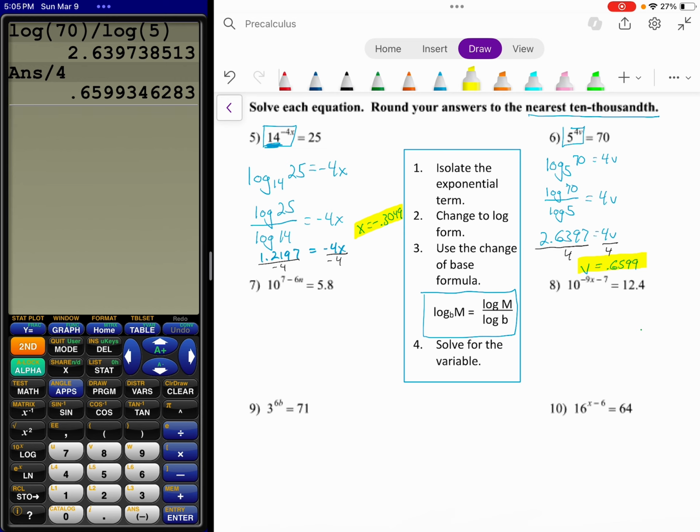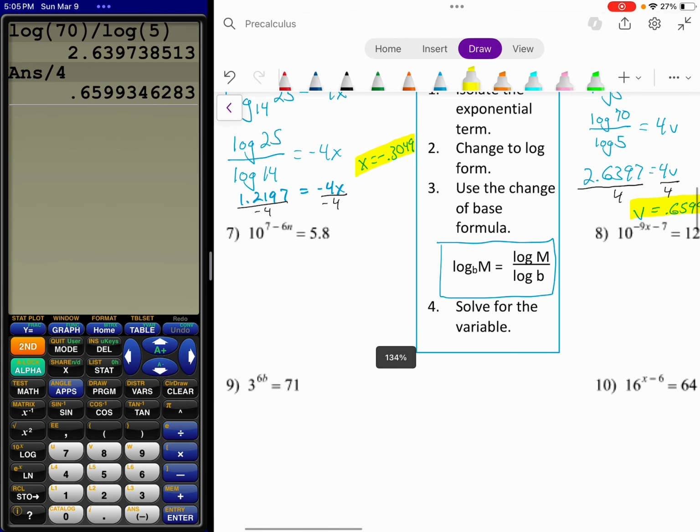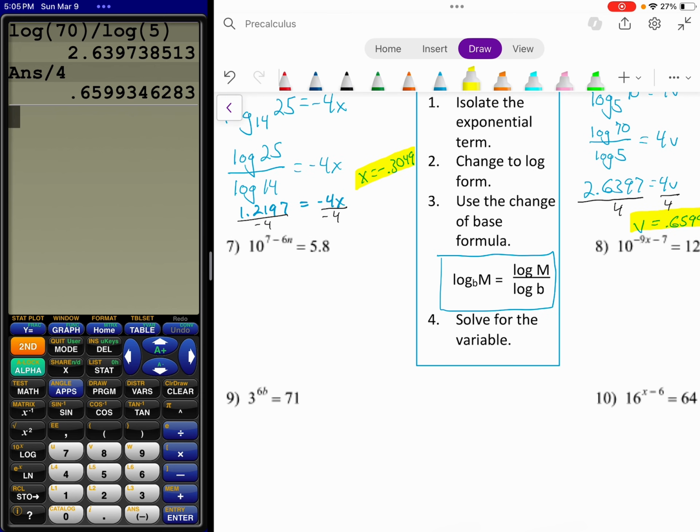I'm actually going to go up and zoom in a little bit. So step 1, isolate the exponential term. It is isolated already. There it is. So we are going to change to log form. Well, this works out nicely.